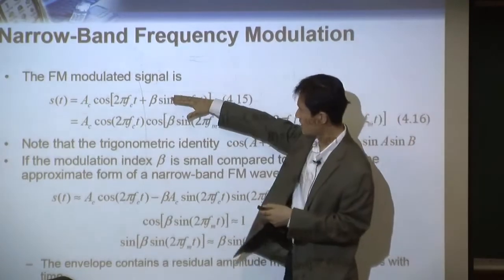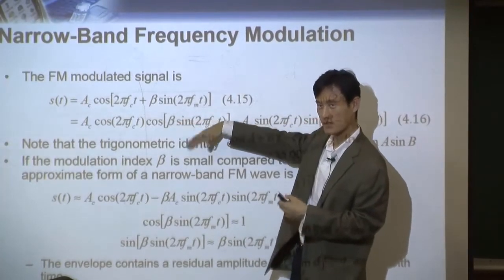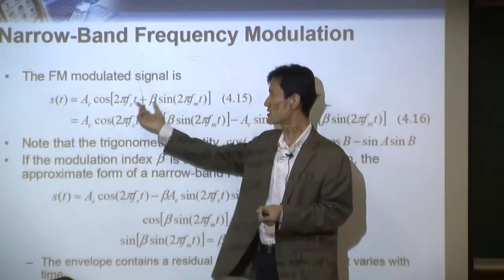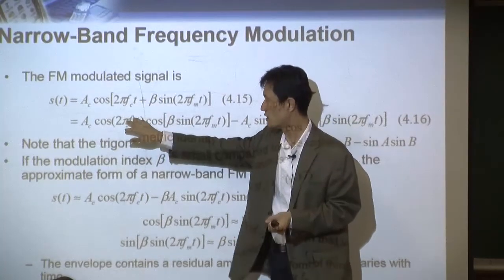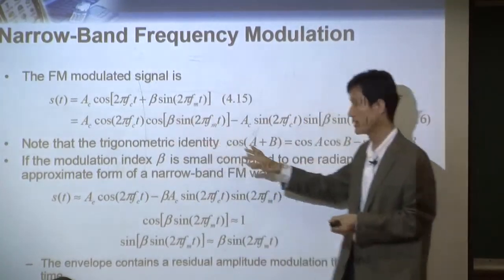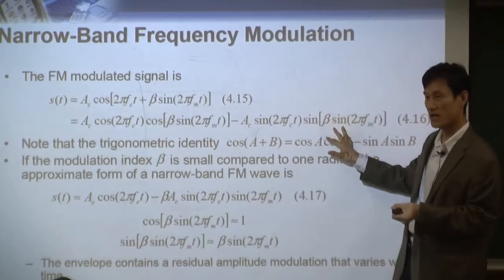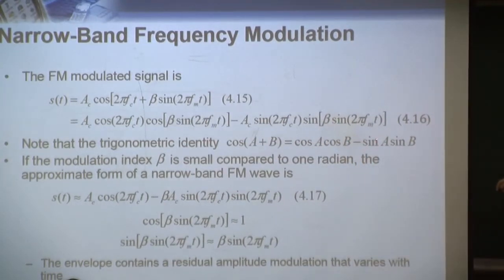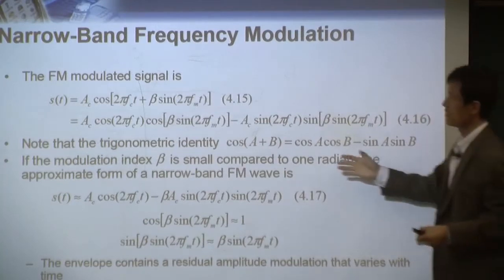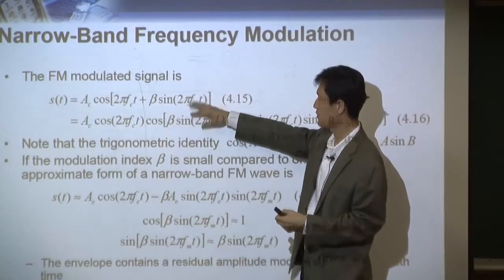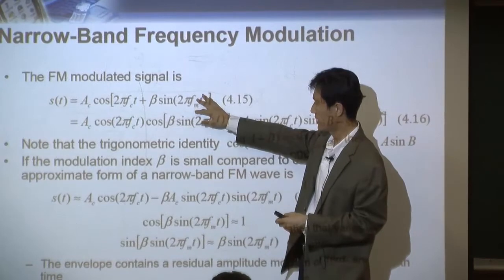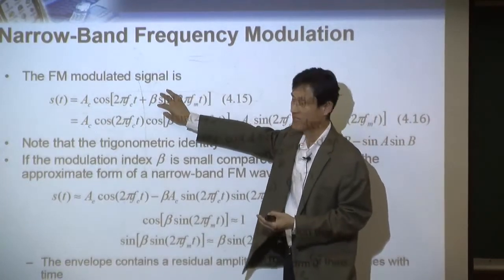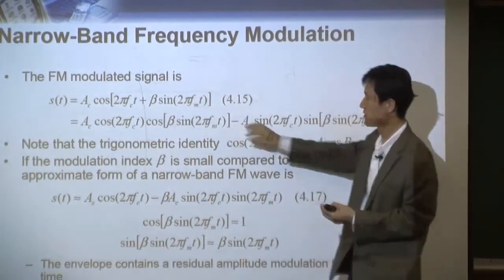So simply from here to the second line, just use the identity. And we just split this one into a multiplication of cosines minus a multiplication of sines. So far it's just a mathematical manipulation. I didn't do anything, just using the identity to change it from here to there.